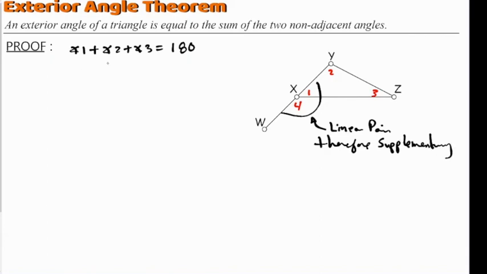So I can write angle 1 plus angle 4 is equal to 180. And now we're going to take this 180 in the top equation and replace it with something else equal to 180, which is angle 1 plus angle 4.